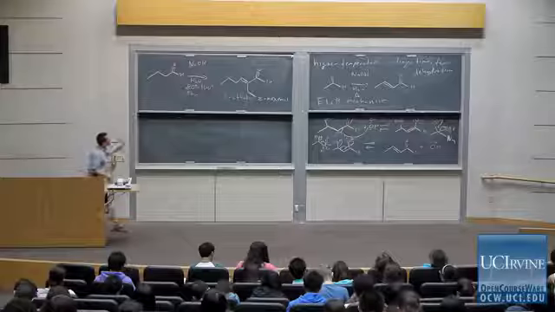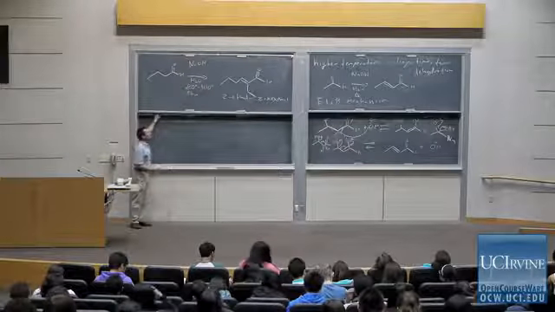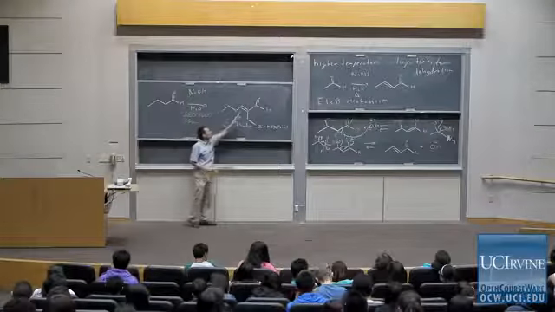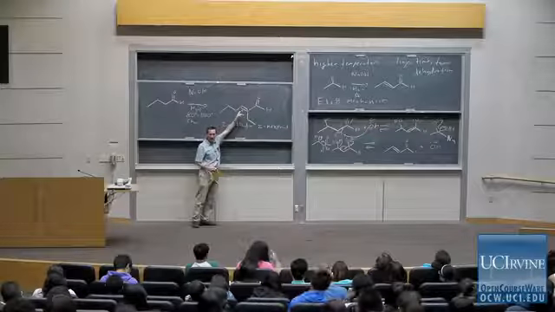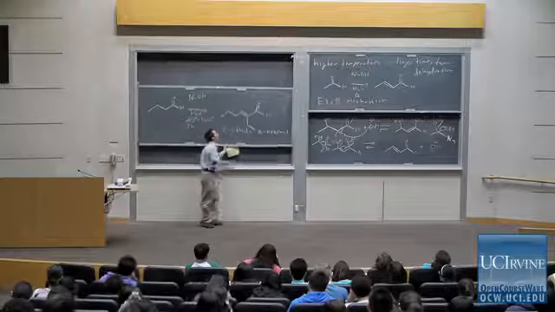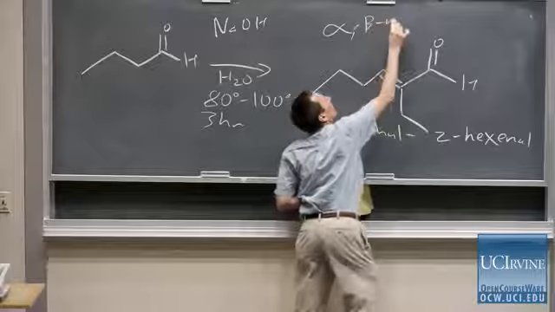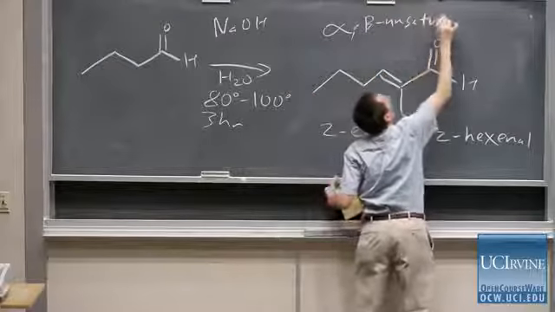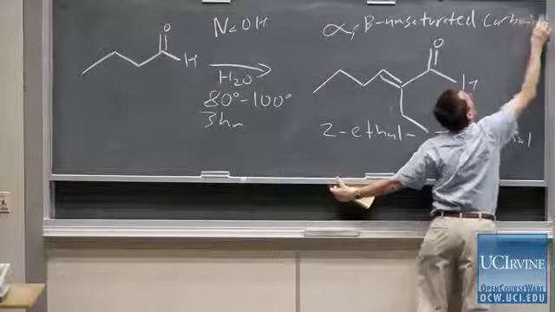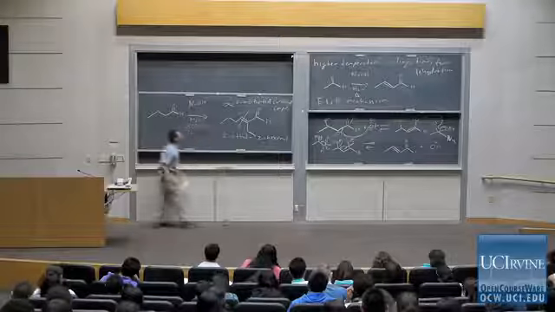But the trick in recognizing these types of compounds is to be able to say, in my mind's eye, I can see that this double bond of this alpha-beta unsaturated carbonyl compound must have come from an aldol reaction.